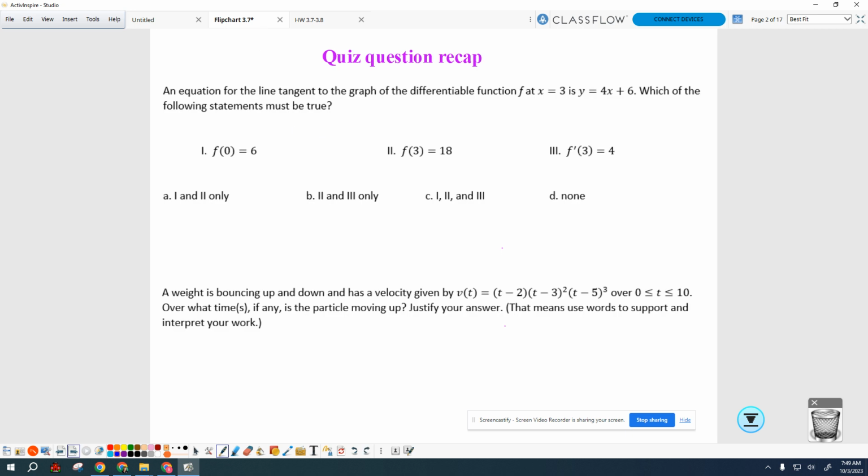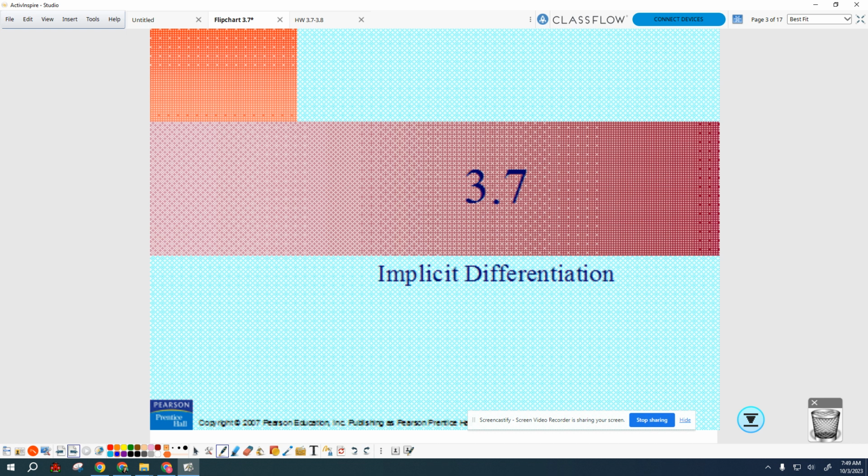Because what we're doing now is a thing called implicit differentiation. So implicit differentiation is when there's more than one variable implied.